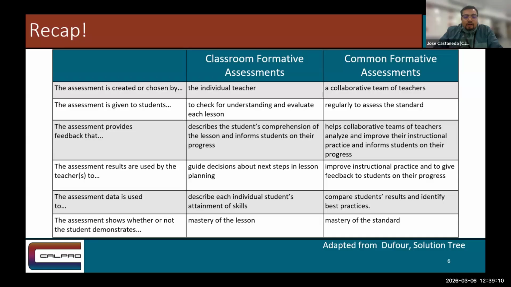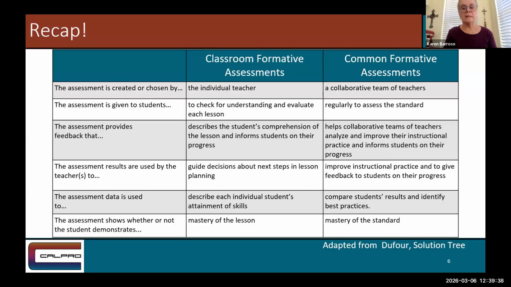For a classroom, describe each individual student's attainment of skills, or common, compare students' results and identify best practices. Perfect. And the last one, the assessment shows whether or not the student demonstrates, for classroom, mastery of the lesson. For common formative assessment, mastery of the standard. All right. Very good. Thank you very much, Jose.